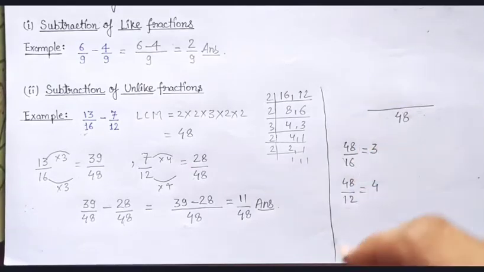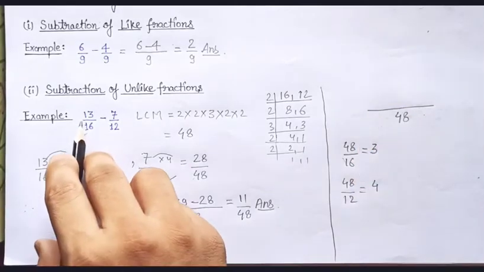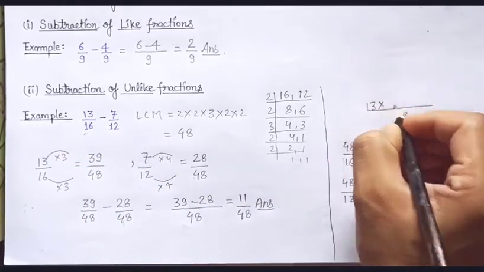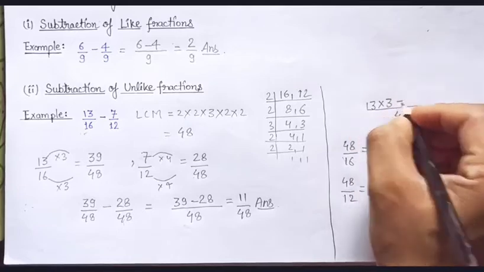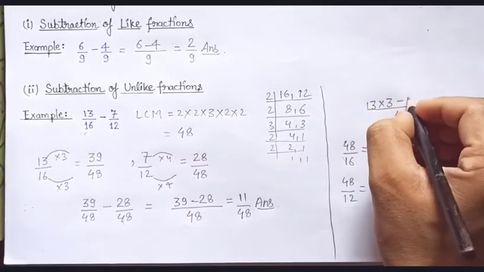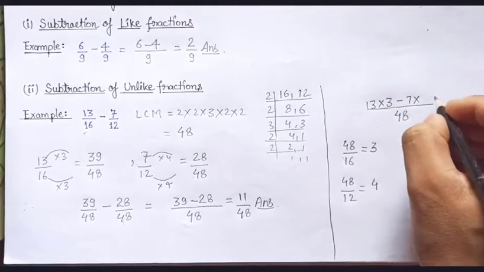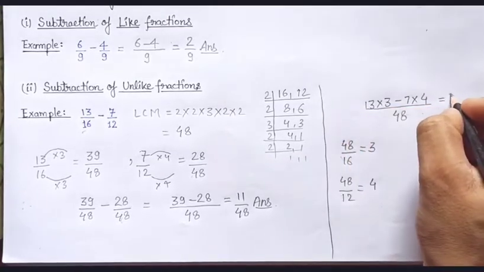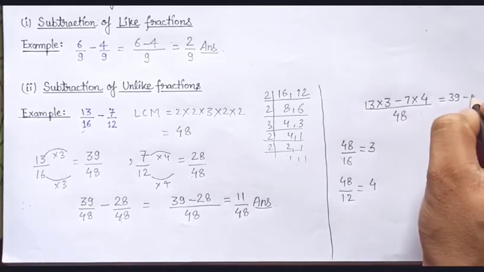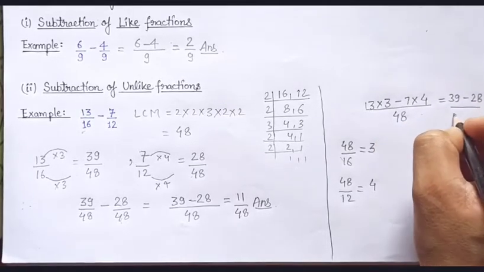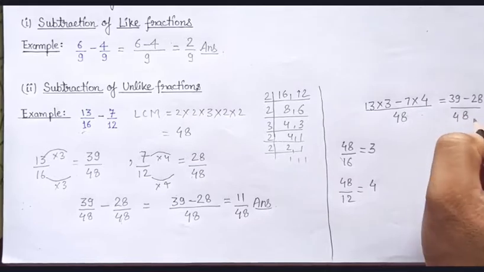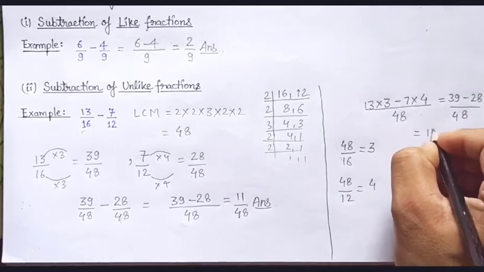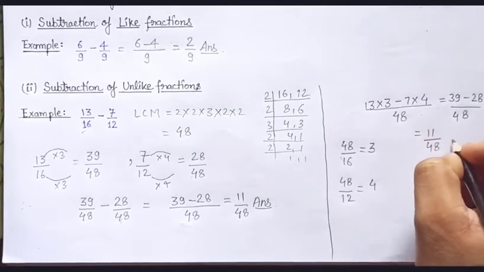So in the numerator what do we put? We don't put 13, we put 13 into the quotient, that is 3, minus 7 into the quotient, that is 4. So it comes out to be 13 into 3, that is 39, minus 7 into 4, 28, divided by 48. Okay, so it comes out to be 39 minus 28, 11 divided by 48. This is our answer.